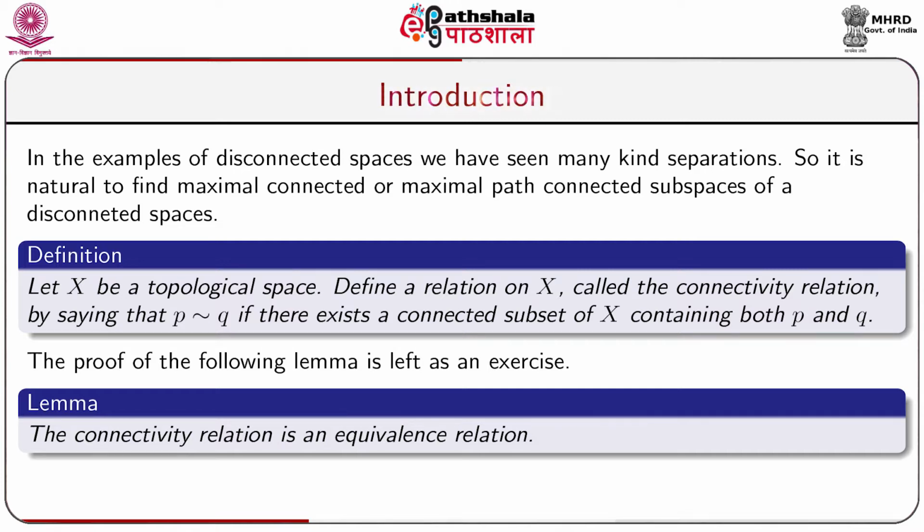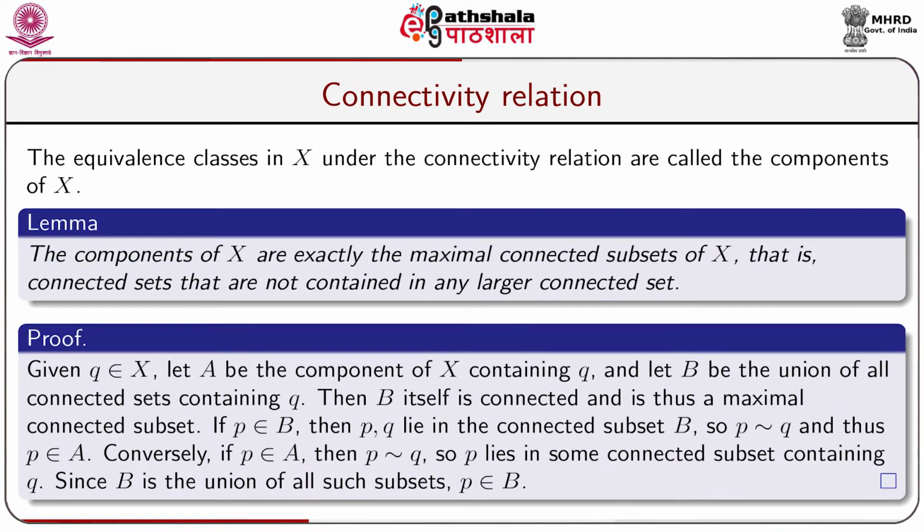That means P and S are contained in some connected set, so P and S are related. That means the relation we have defined is an equivalence relation. The equivalence relation we have discussed here will be called from now on the connectivity relation, and the corresponding equivalence classes will be called components.